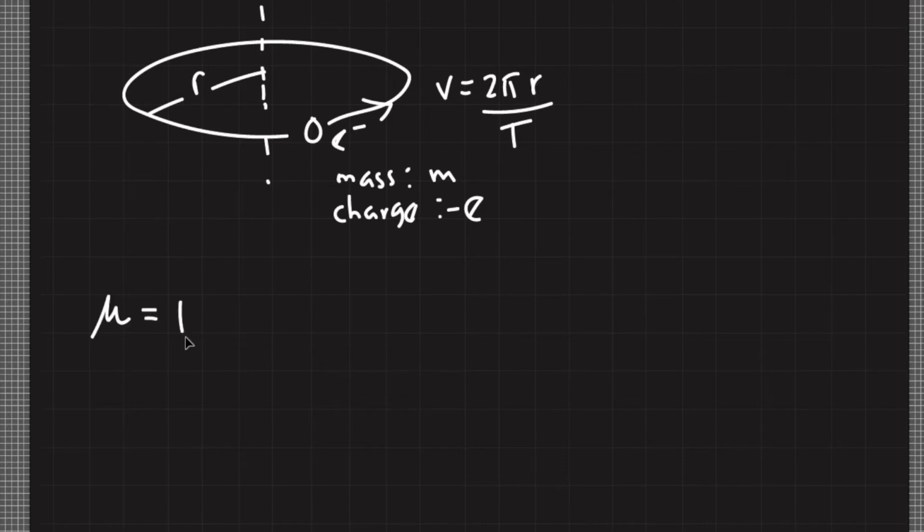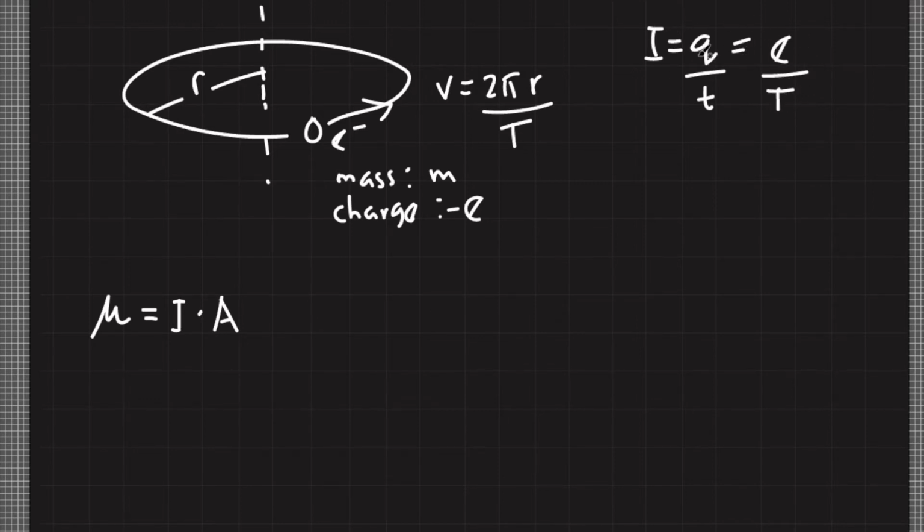And the general definition of magnetic dipole moment is current times area. Based on this diagram, recall that the general definition of current is charge per unit time. And since the charge of the singular electron here is e, the magnitude of the charge of the electron is e, and we symbolize the one complete period with capital T.